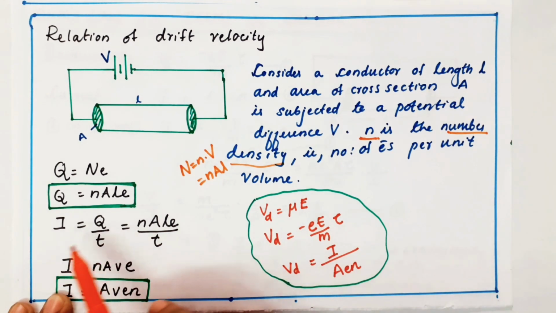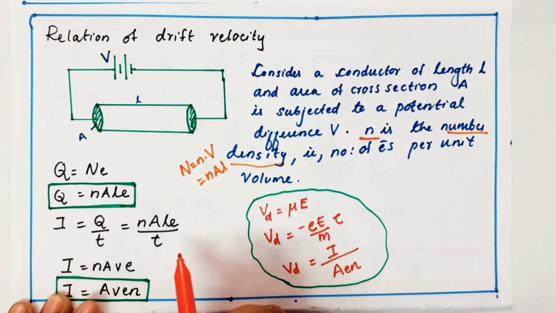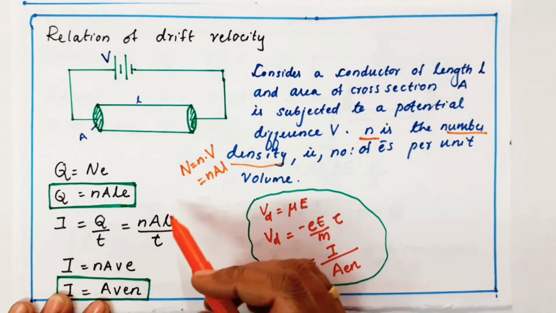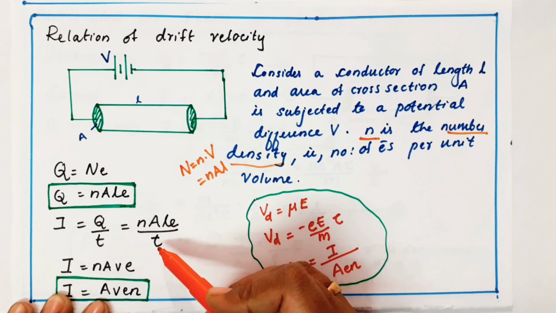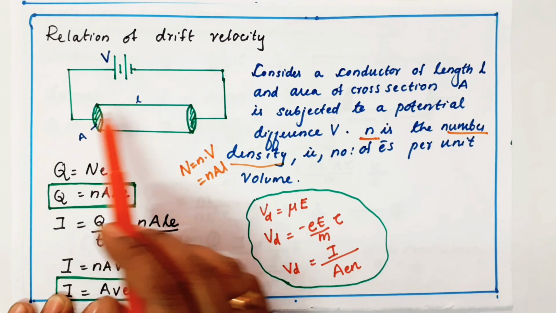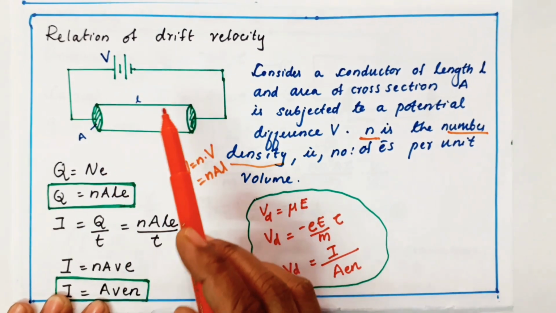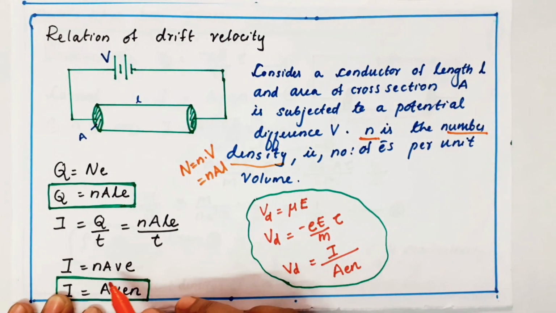And the current I equals Q by t, that is nALe by t. I also told many students, L by t is distance by time, that is speed. If an electron is traveling from one end to another end, it travels a distance of L in a time of t, so I can write the speed as v. So I equals nAve.